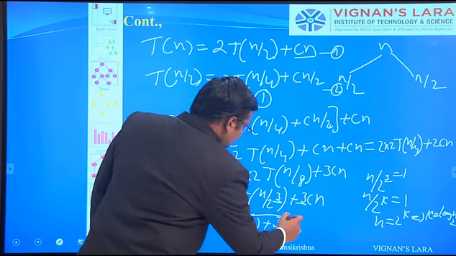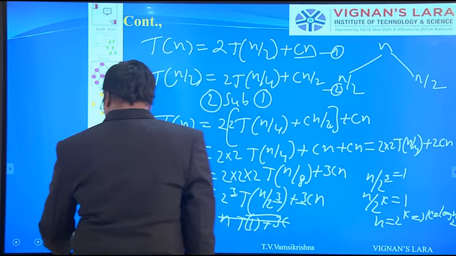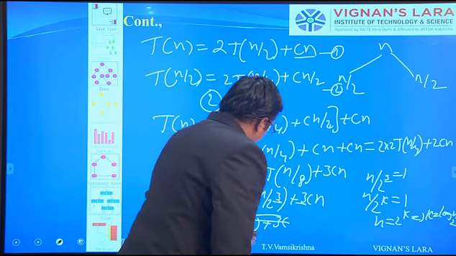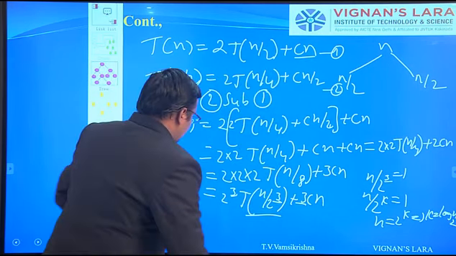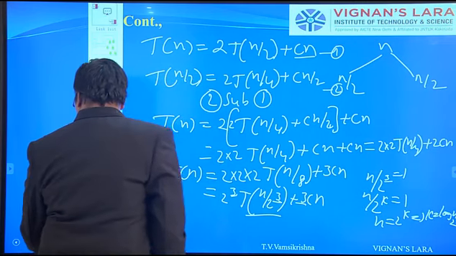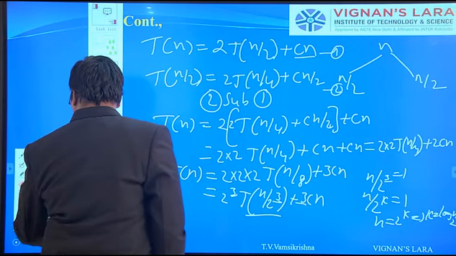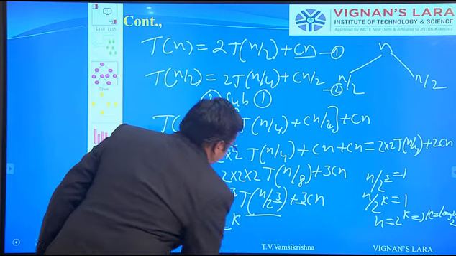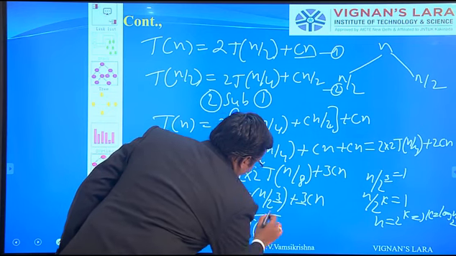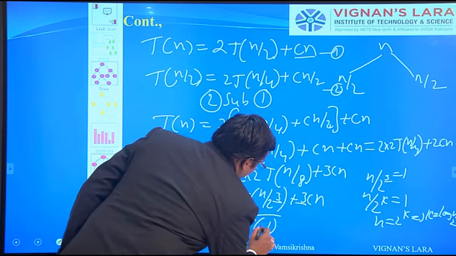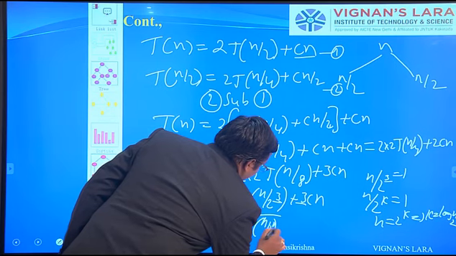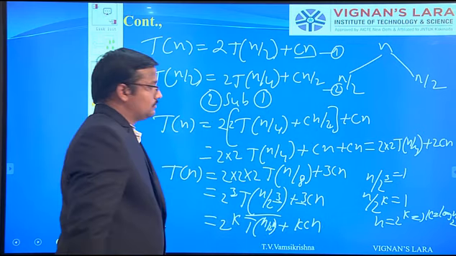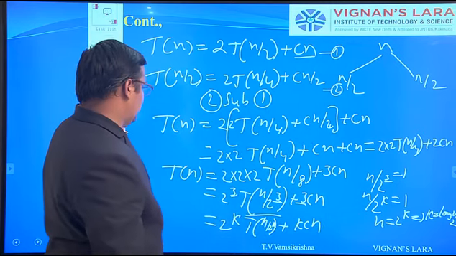Before this, we need to write the k term first for better understanding: 2 power k T of n by 2 power k plus kCn.